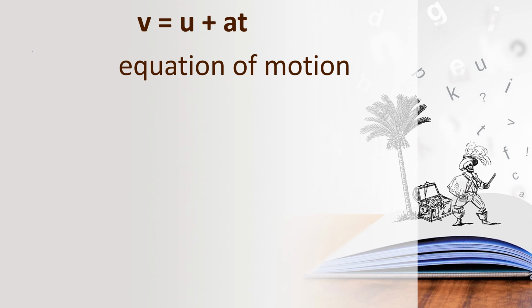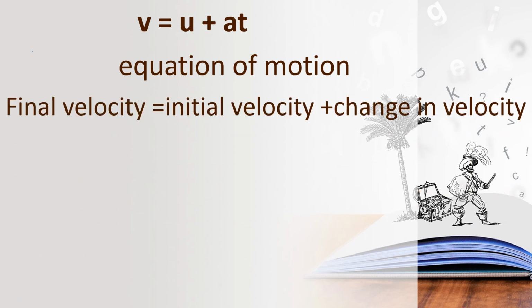And at means change in velocity. So final velocity equals initial velocity plus change in velocity. v is final velocity, u is initial velocity, and at is the change in velocity.